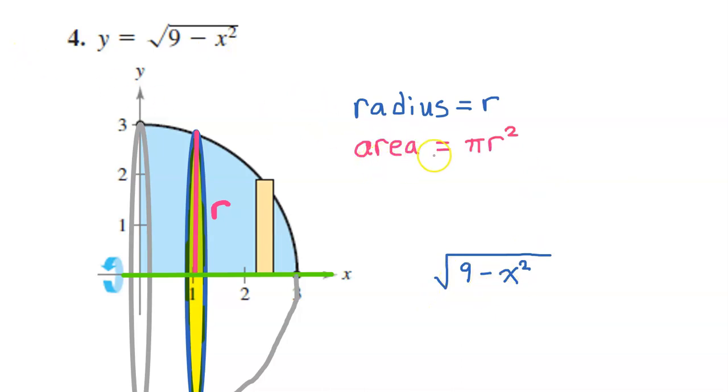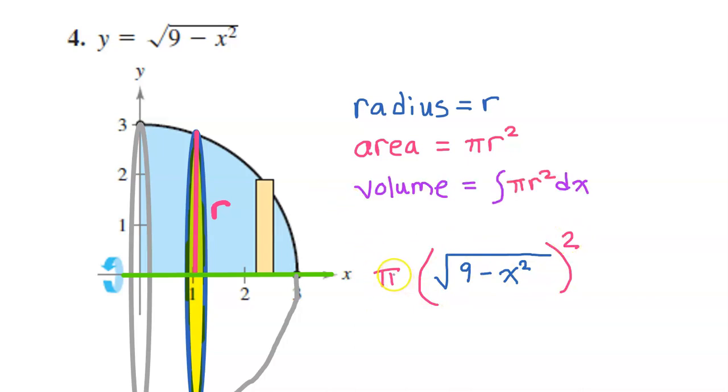Step 2 is to come up with an expression for the area of a single disk. The area of a circle is always pi r squared. And right now, we are looking at an expression for the radius. So to turn this into an expression for area, we need to take our radius and turn it into pi r squared. So if I put a pi in front of this, and then I square it, now this is an expression for the area.